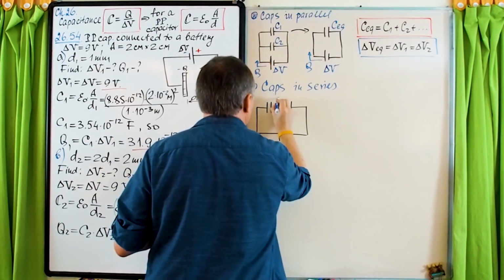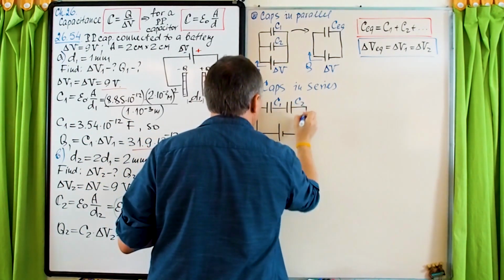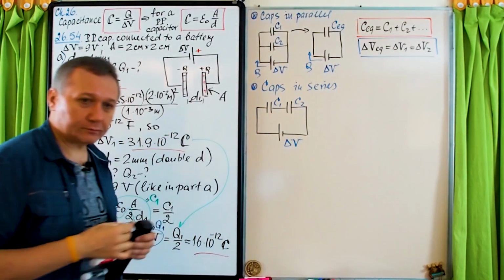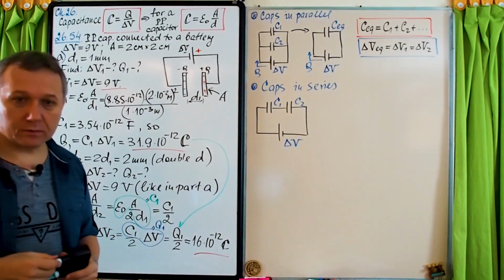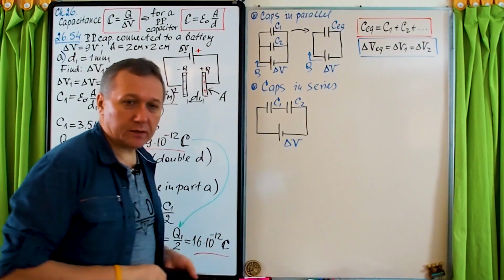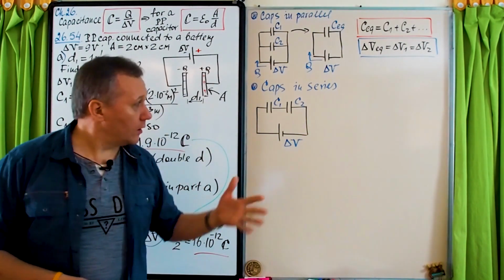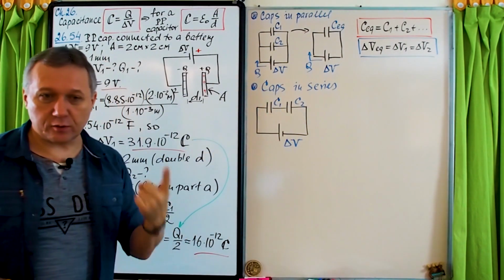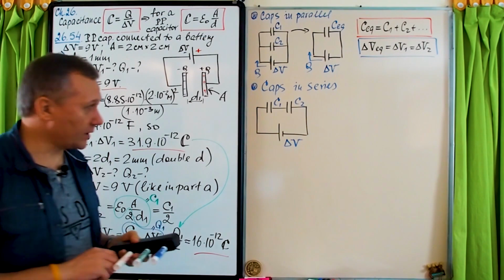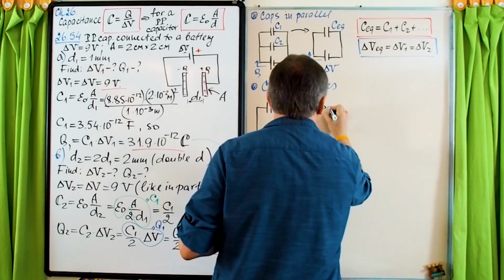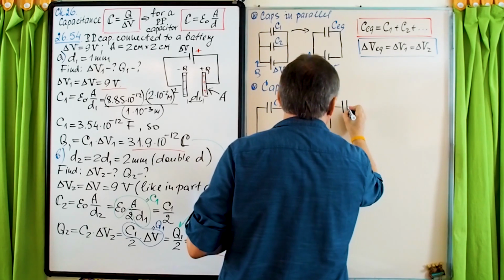So let's call it C1, C2. This is delta V. And again, the same idea. You want to simplify it to the simplest possible circuit. So instead of these capacitors, you have only one single equivalent capacitor. So you will have something like this.